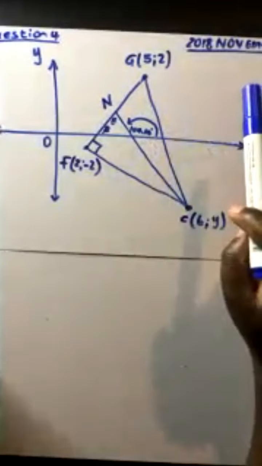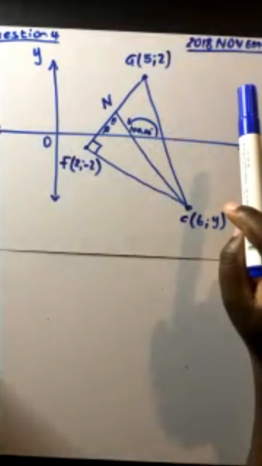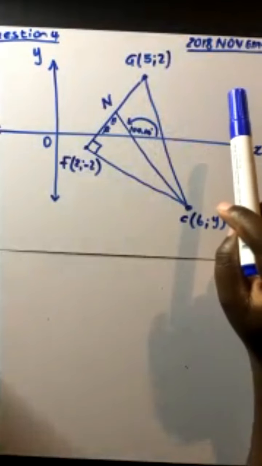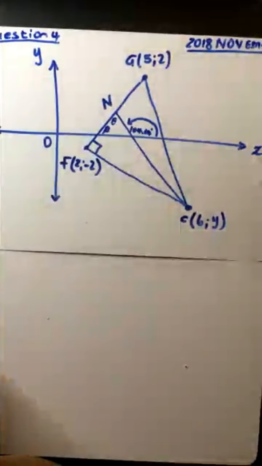So there is NC, and we've got that angle, which is 104.04 degrees. The angle of inclination of FG is beta. Where's the angle of inclination of FG? There is FG. That angle of inclination is that one which is beta. And they say FC angle N.